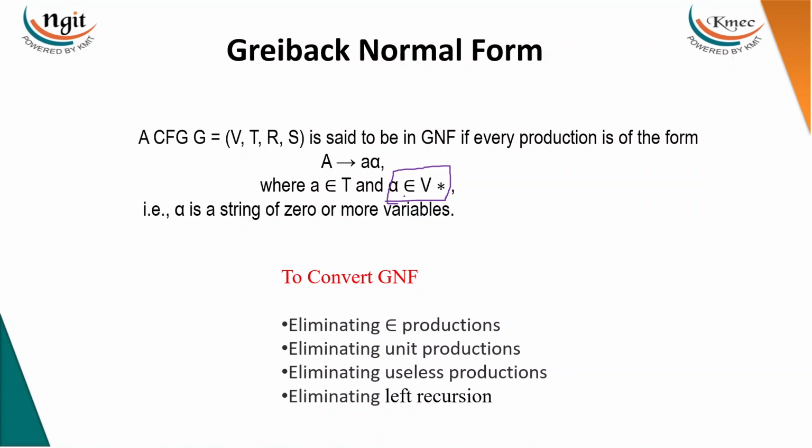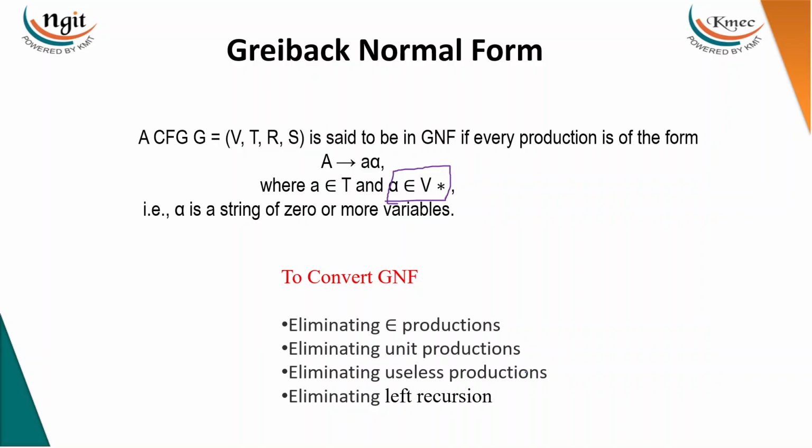Variables means non-terminals. So if you are given a grammar and asked to convert it into GNF, make sure that the grammar does not have epsilon productions. Why? Because we don't support null productions; it must be a terminal followed by any number of non-terminals. No unit productions, because a single non-terminal on the right-hand side is not allowed in both the grammars.